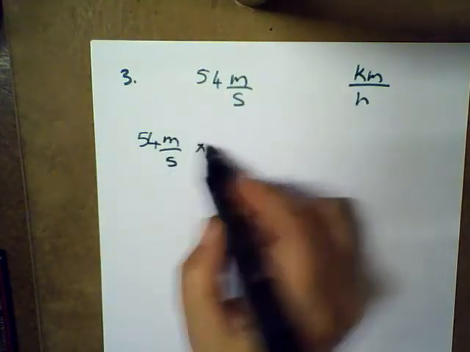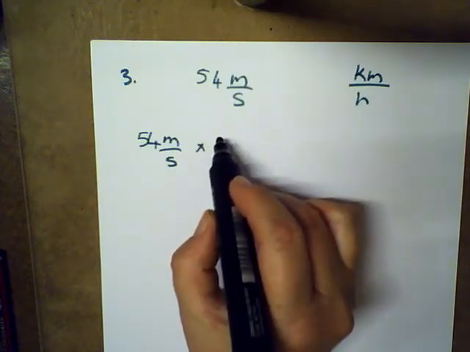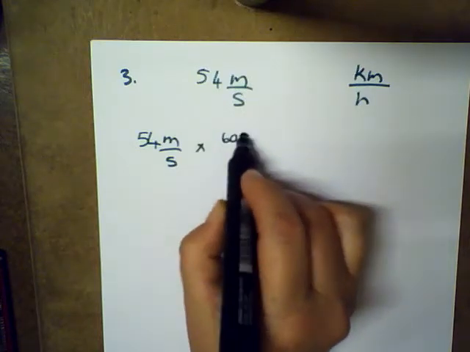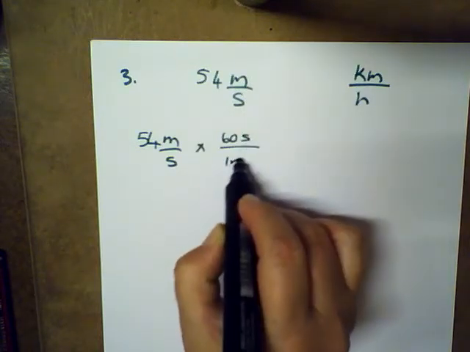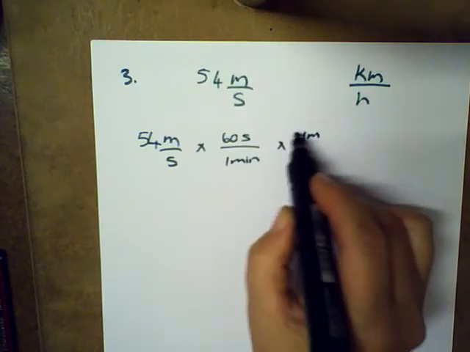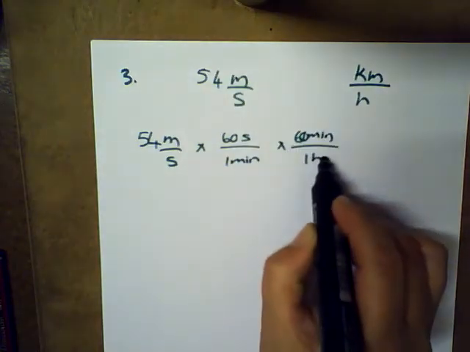We're going to look at seconds first. So I will have to multiply that with 60 seconds is 1 minute times 1 minute, 60 minutes is 1 hour.